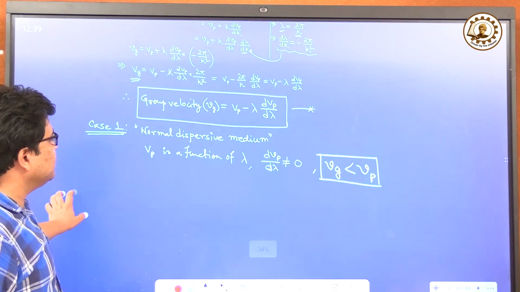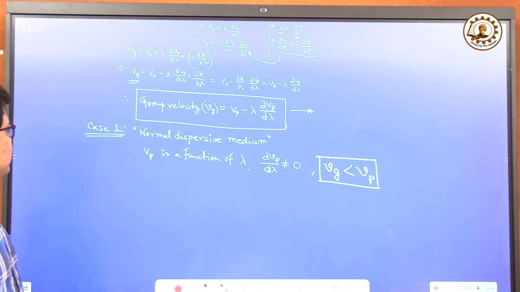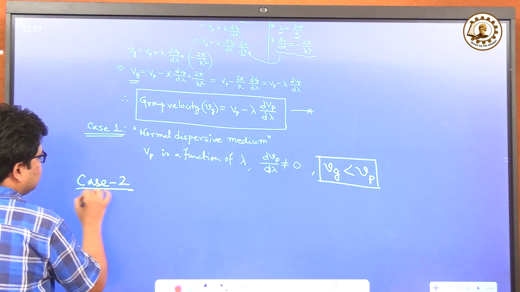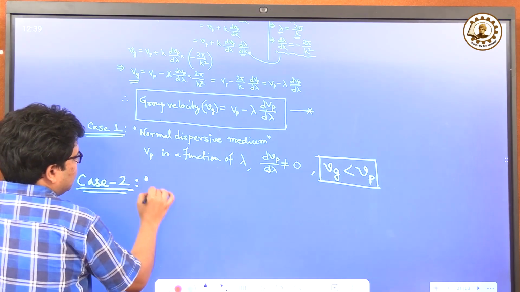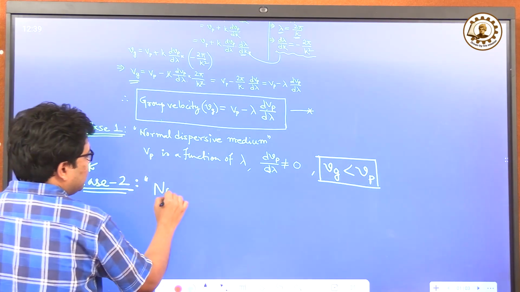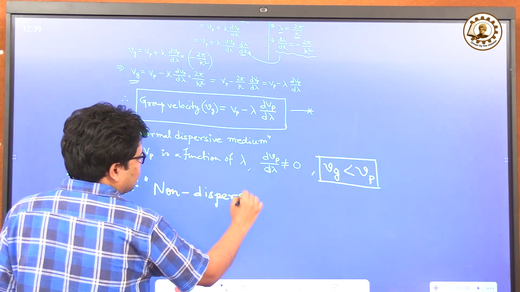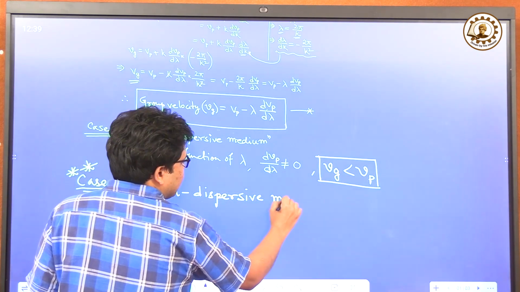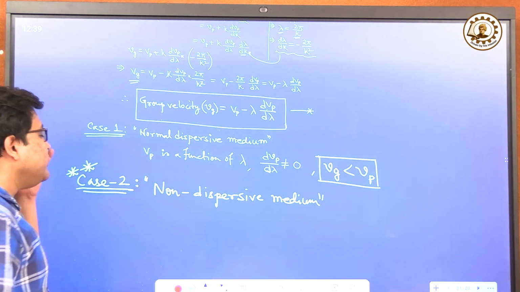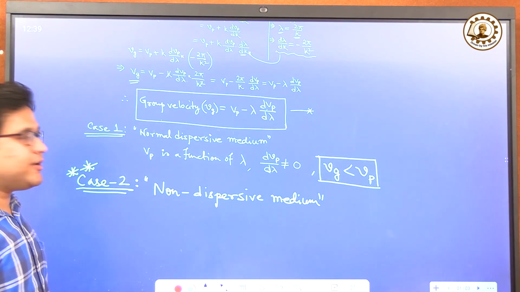Okay. Now what if the medium is non-dispersive? So it is case 2. It is very important for exam purposes. Non-dispersive media are those media where phase velocity does not depend on lambda.